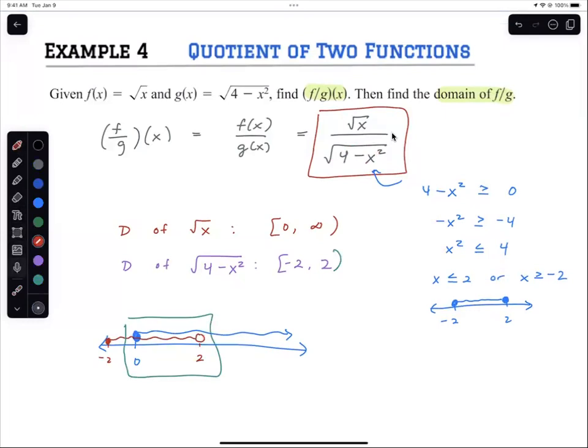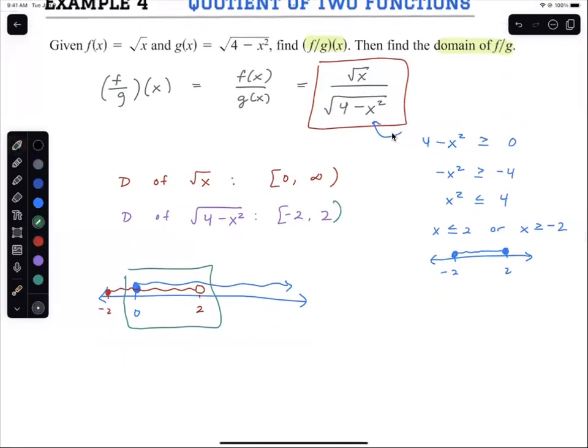Which means that the true domain is bracket 0 all the way to 2 with the parenthesis. So the domain of f over g of x is bracket 0 to 2 with the parenthesis.